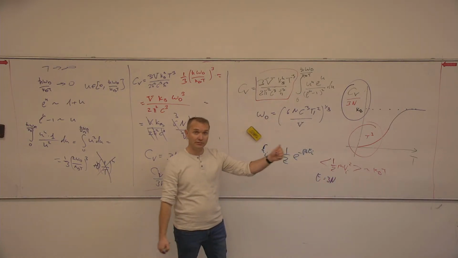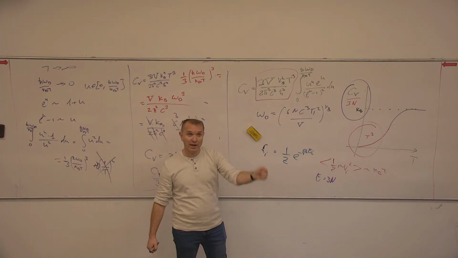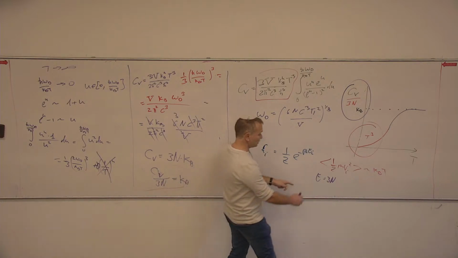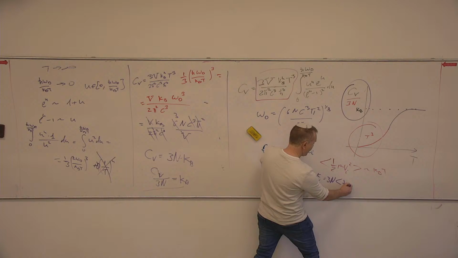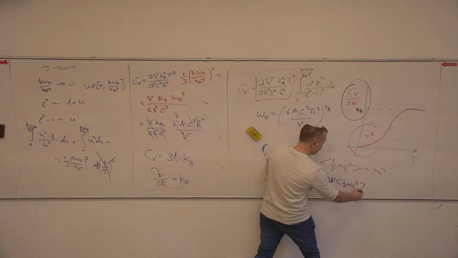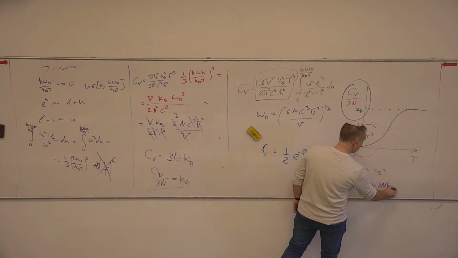I have N particles, and for each of them I have motion in x, motion in y, motion in z. So the average energy is going to be 3N times the average of 1/2 m v_i squared, so it's going to be 3N k Boltzmann T.